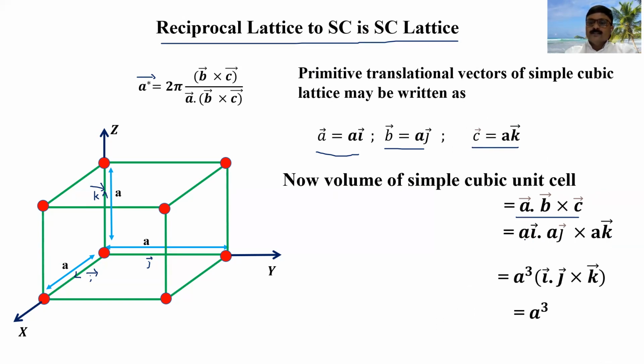Since these are magnitudes, we can take their product directly. So it will be A cube multiplied by vector i dot vector j cross vector k. But since the magnitude of these unit vectors is 1, the total magnitude of this scalar triple product will again equal 1, and therefore we get the volume of the simple cubic unit cell as A cube.